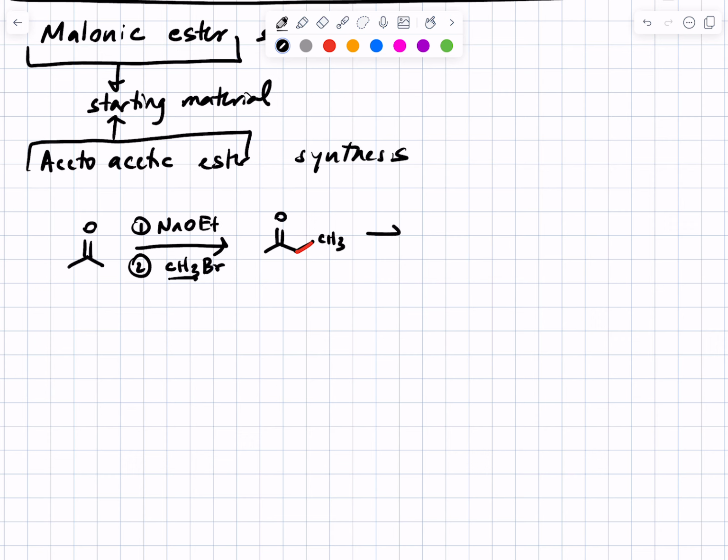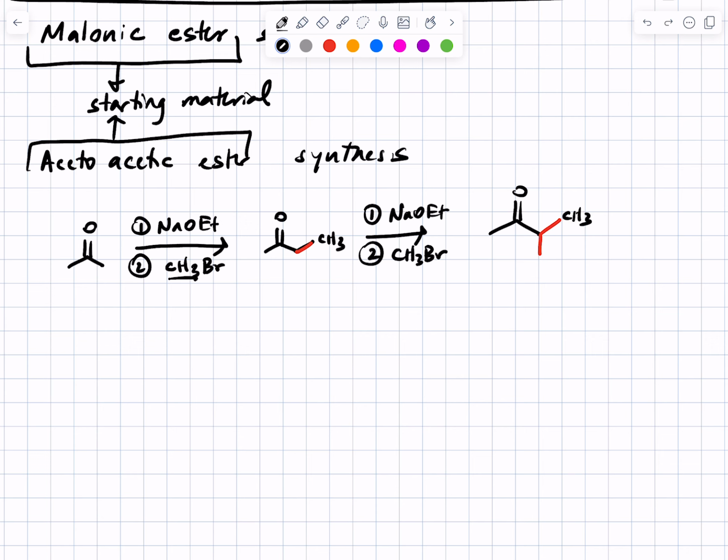And then supposing you wanted to go further and put another methyl group on using the same set of reaction conditions, again sodium ethoxide and CH3Br in a second step, to put a second alkyl group on that more substituted alpha carbon of your ketone starting material.